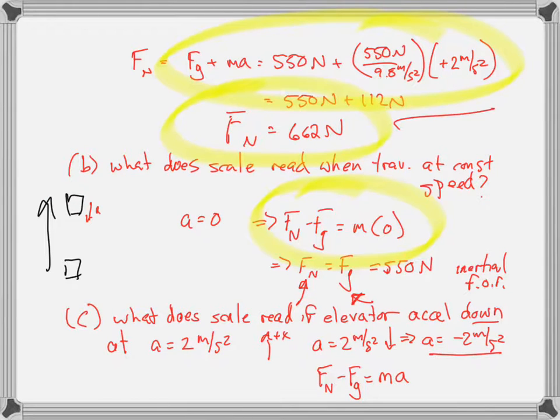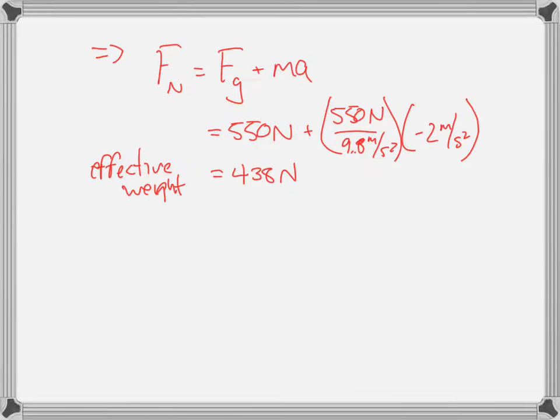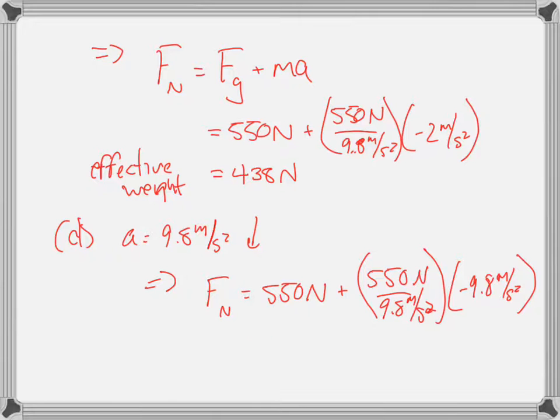Because I'm accelerating upwards, I feel heavier. I feel effective weight. So what if I accelerate at 9.8 meters per second squared down? What do I get? If the elevator is accelerating downwards at 9.8 meters per second squared, what do I get?